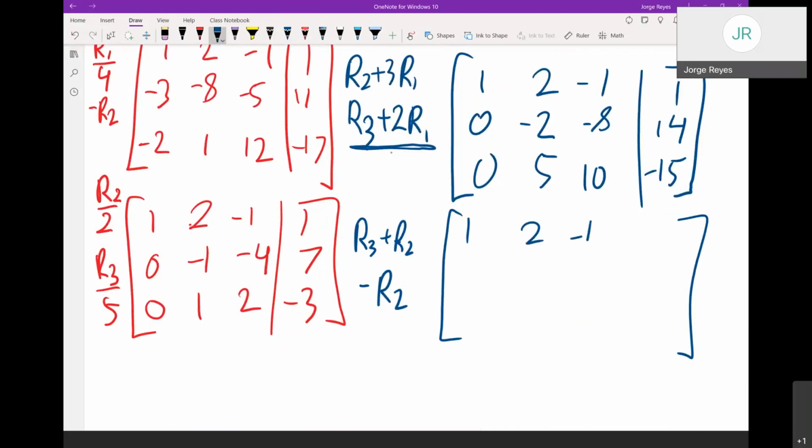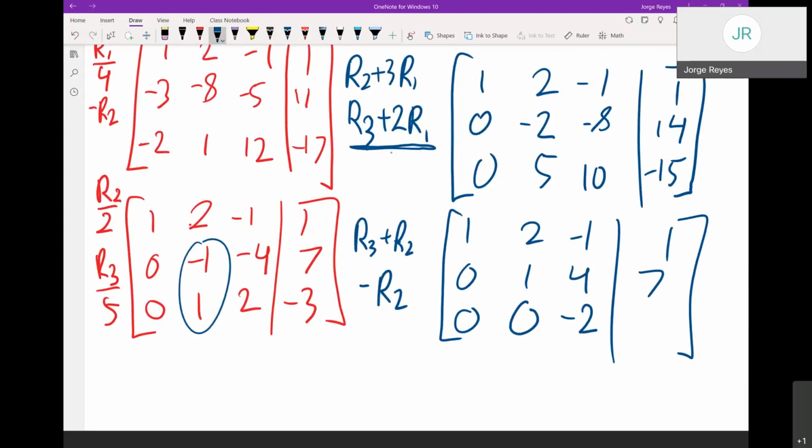So on the top, we get this. Row 2, I'm going to flip the sign of, so now it's that. Row 3, I'm adding these together. So 0, 0, -2, and then -3 plus 7, that's going to be 4.